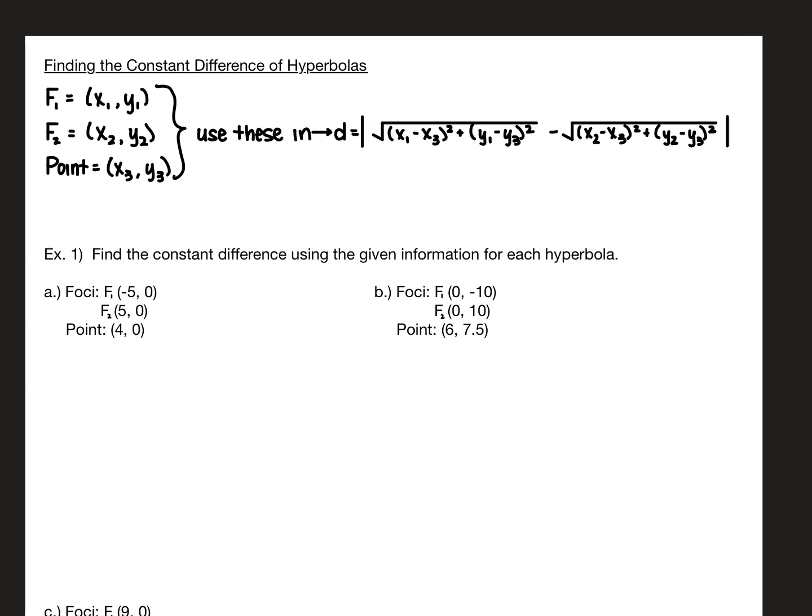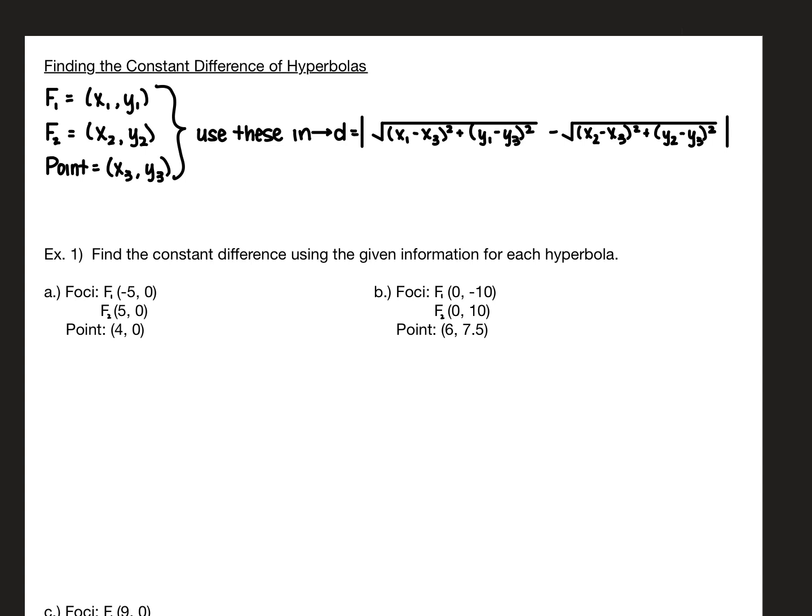So the first thing that we're going to look at with your hyperbolas is your constant difference. You're going to use a formula similar to the one that you used with your ellipse, but this time you're going to have subtraction between the two sets of radicals and also the absolute value of it.